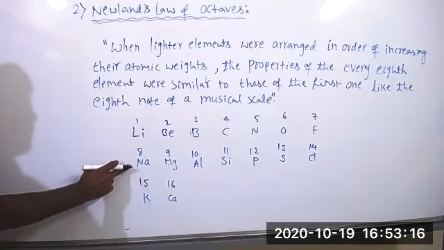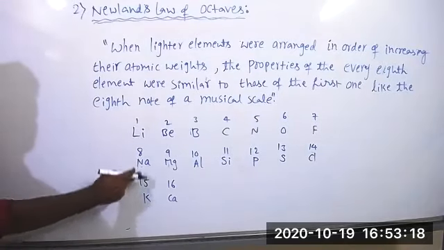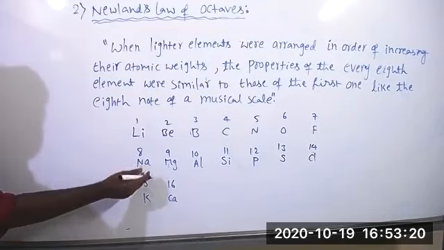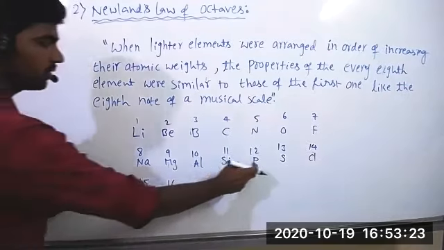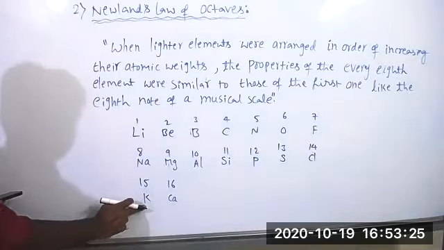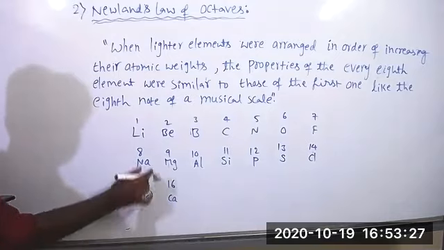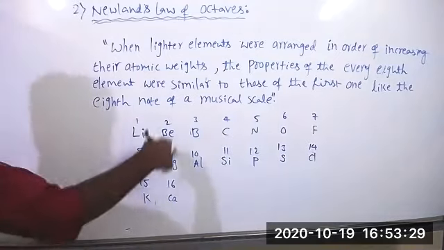So here the properties of sodium are similar to lithium. Even the properties of potassium are similar to sodium, because you can count 1, 2, 3, 4, 5, 6, 7, and 8. So the properties of every eighth element are similar to the first element. Write this as it is.